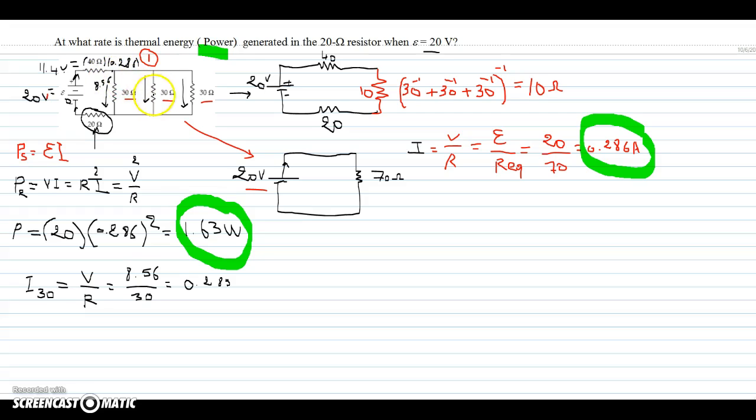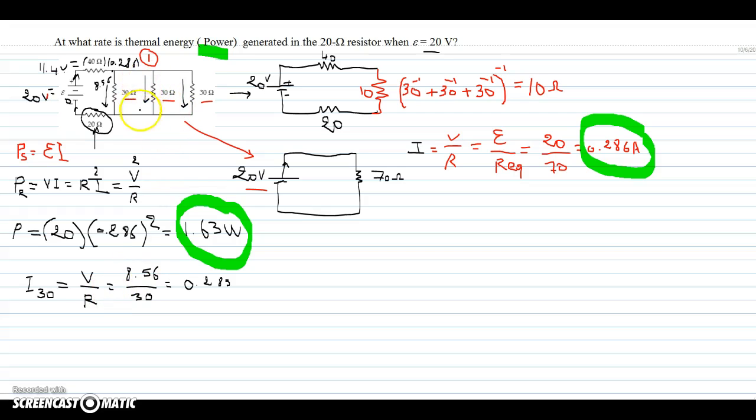The total current is split in three ways. So this is the current in every branch.